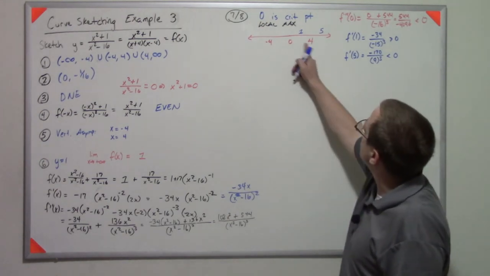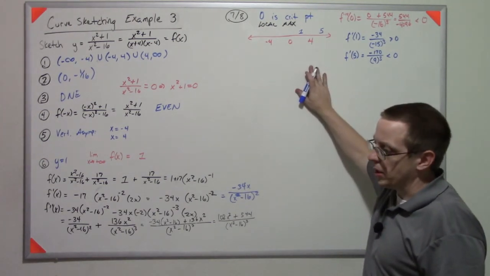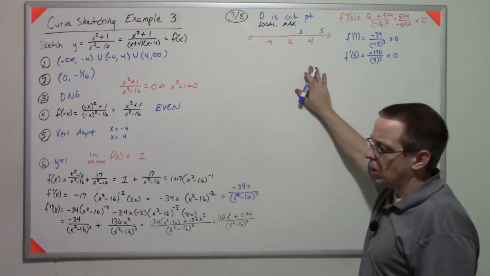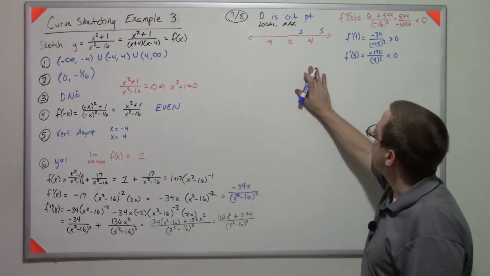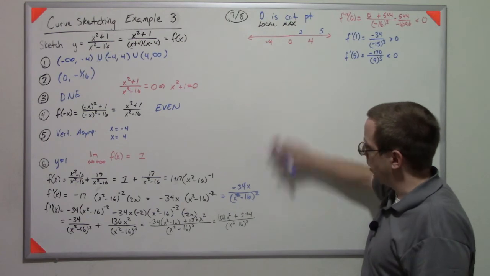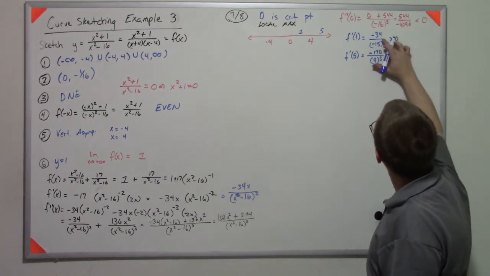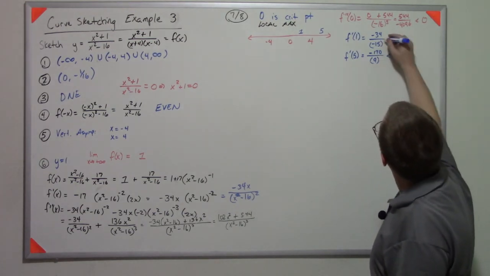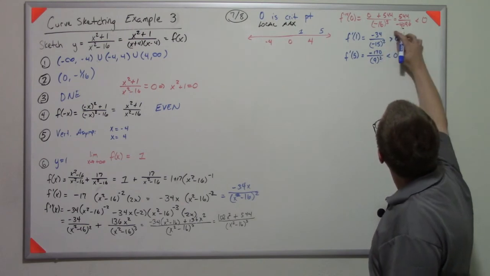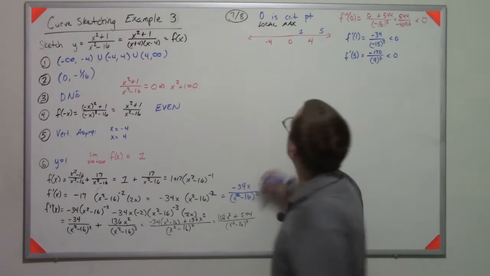Or yeah, between 0 and 4 it's increasing, and after 5 it's decreasing. Now is that correct? No, that's not correct, because these aren't cubed. These are squared. So in both cases it's decreasing.